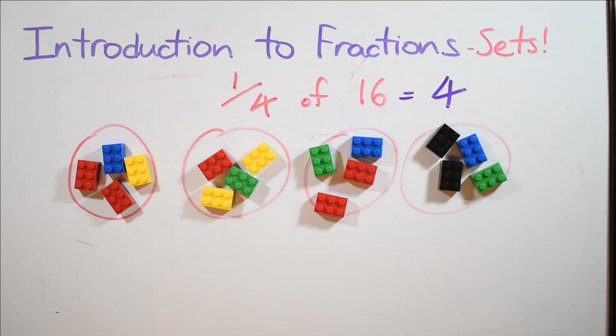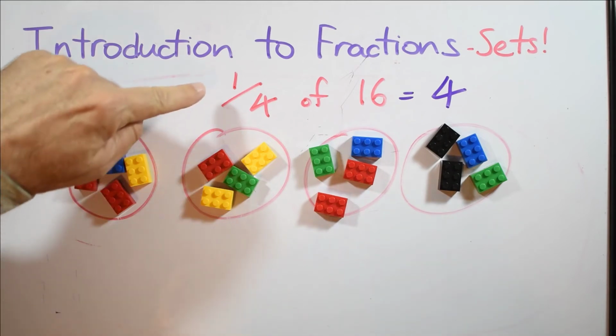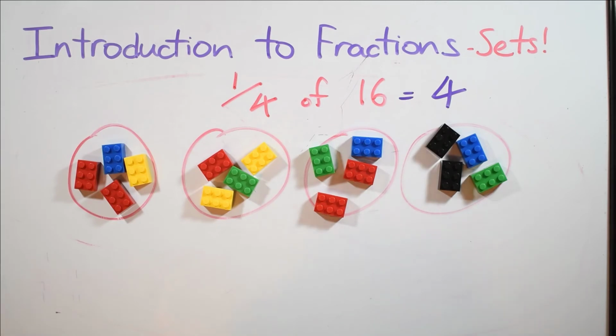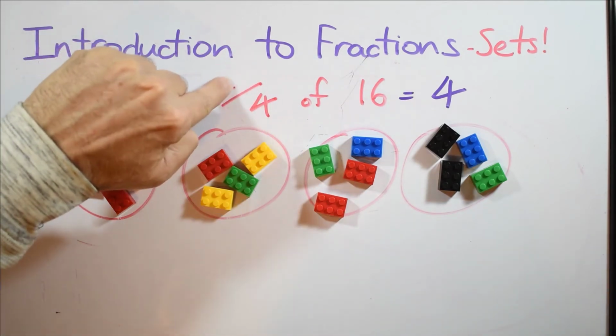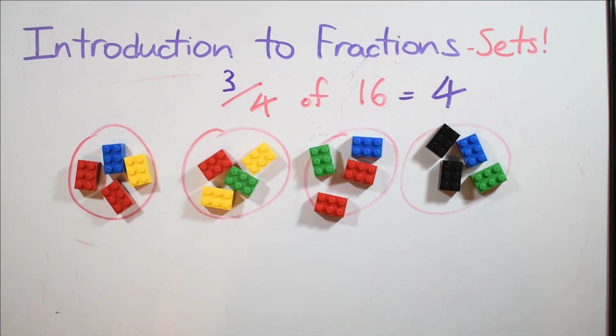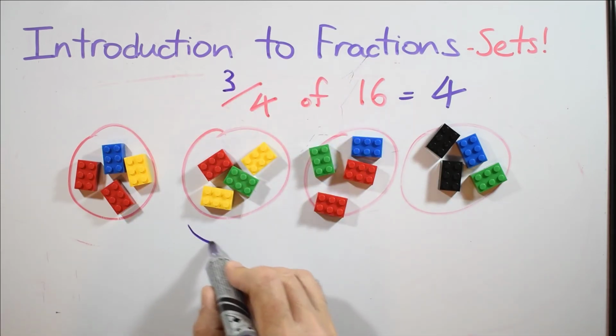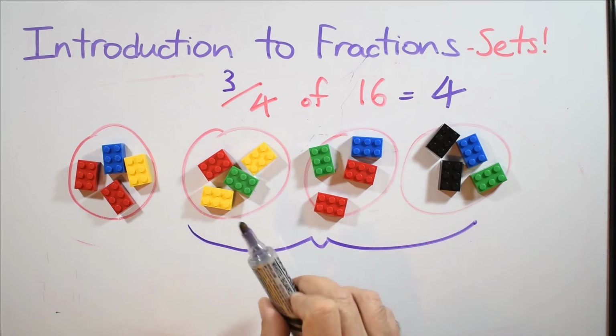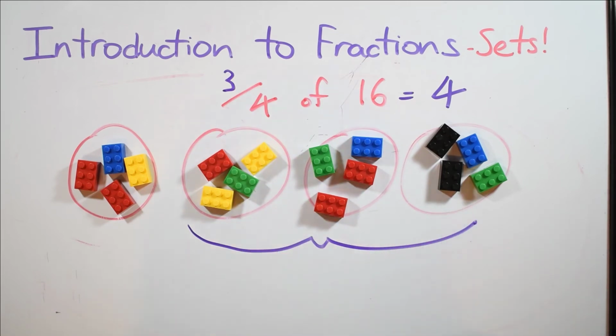Now, sometimes we talk about non-unit fractions where there's more than 1 in the numerator. Seems tricky when you first come across it, but actually it's not hard at all. Say I change that to 3/4 of 16, I would just count 3 of these subsets. A subset is just a smaller part of the whole set, right?